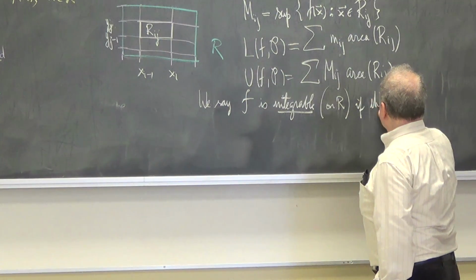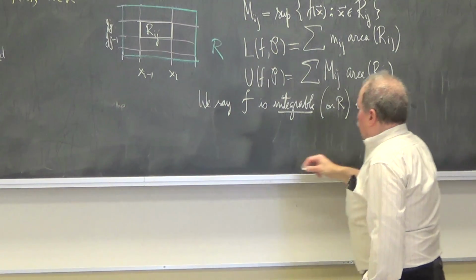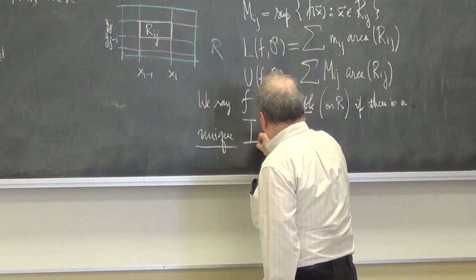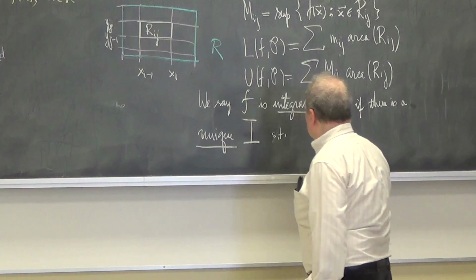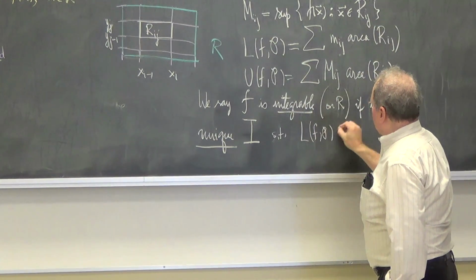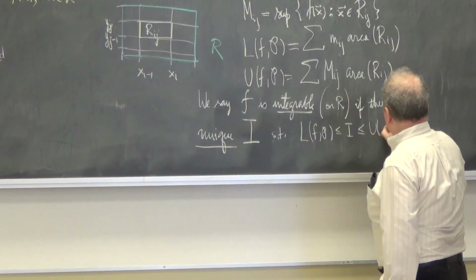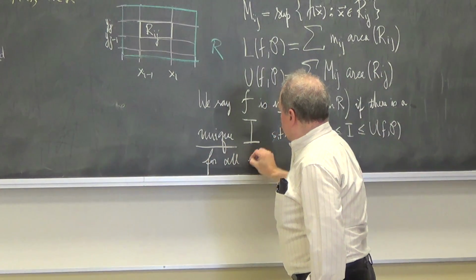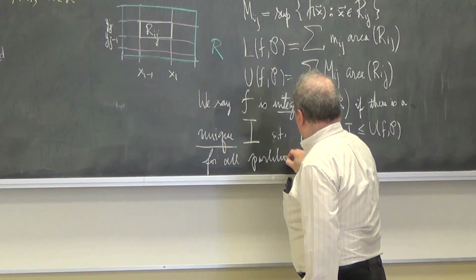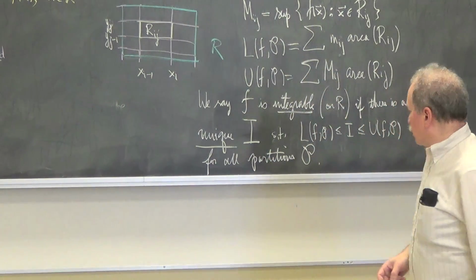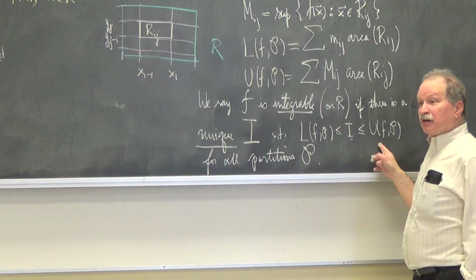So if there is a unique, and this is a critical thing, I, exactly what I wrote up there, lower sum less than or equal to I, less than or equal to upper sum for all partitions. What do you mean unique in this sense? I mean, there's only one number that fits in between.